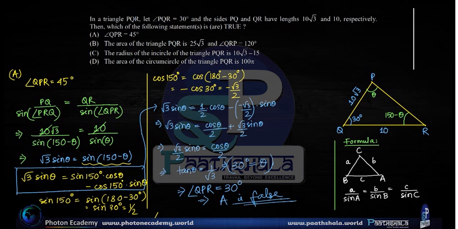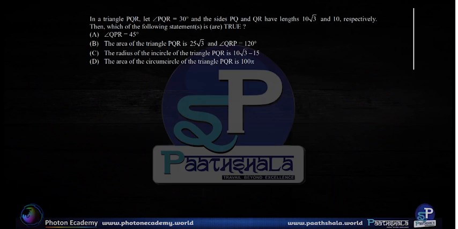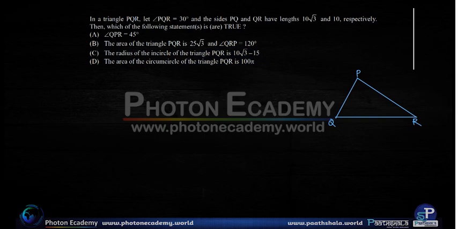Now we evaluate the second option, which is the area of the triangle. From that we can easily find the value of angle QRP. We have the triangle PQR and we have PQR as 30 degrees, PQ as 10 root 3 and the length of QR is 10.